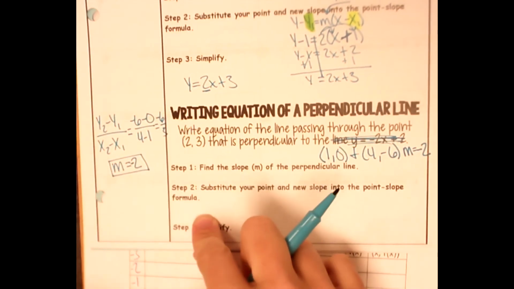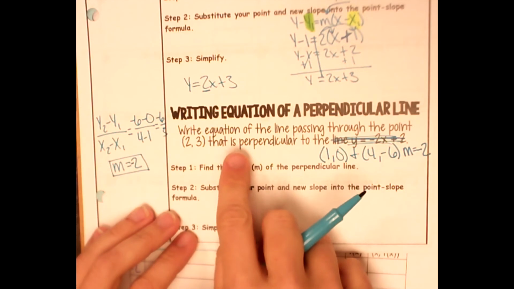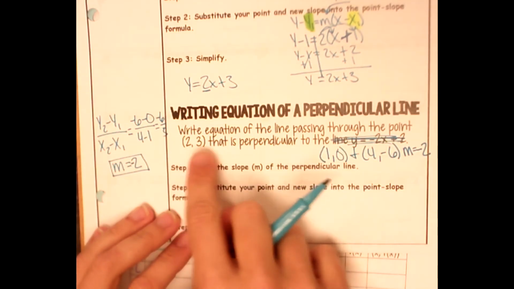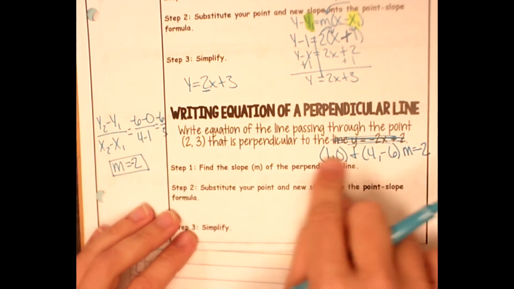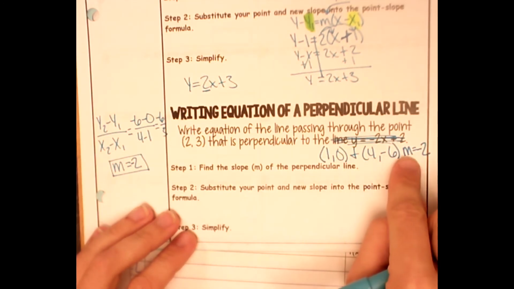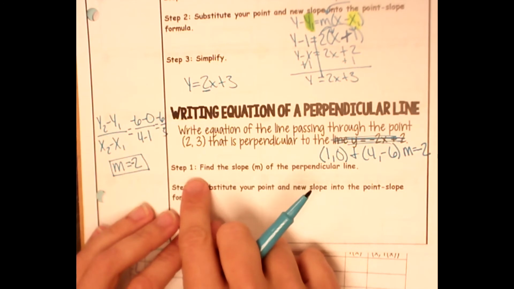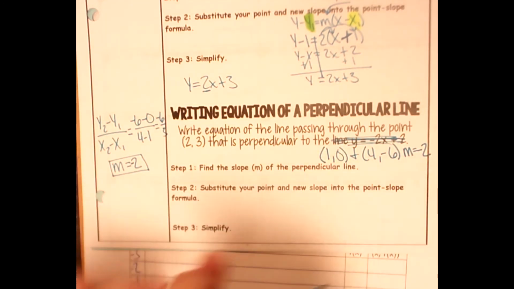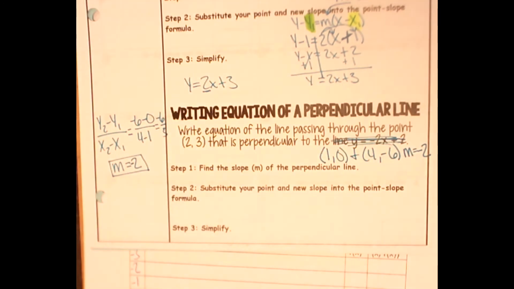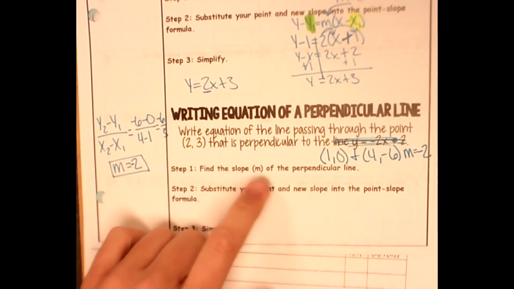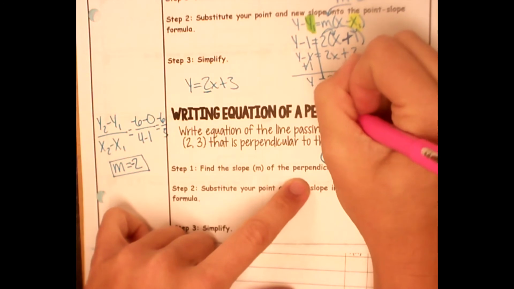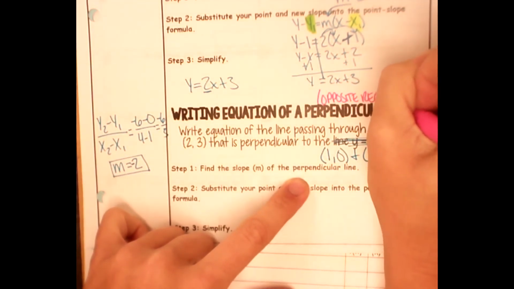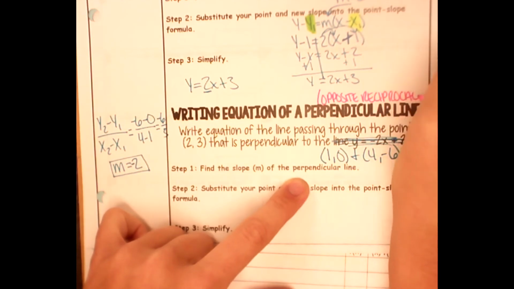Okay, so we want a line passing through the point 2, 3 that's perpendicular to this line that contains these 2 points and has this slope. Step 1, find the slope of your perpendicular line. Remember, there's a lot going on. Perpendicular lines have opposite reciprocal slopes.